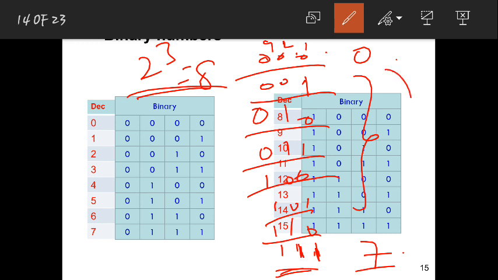That means total 8, 2 power 3 is equal to 8. Total 8 different values or symbols you can write in this binary format. If you have 2 bits, then you can write 4 different binary numbers. If you have 4 bits, then you can write 16, that means from 0 to 15. Okay. In that way, you can do all these.